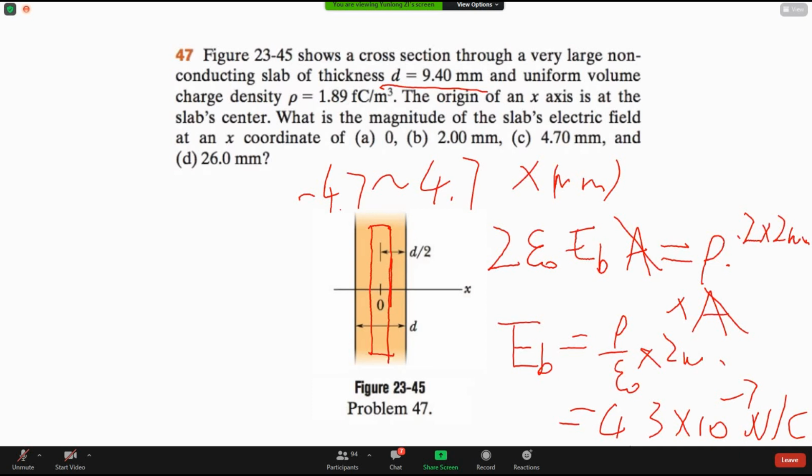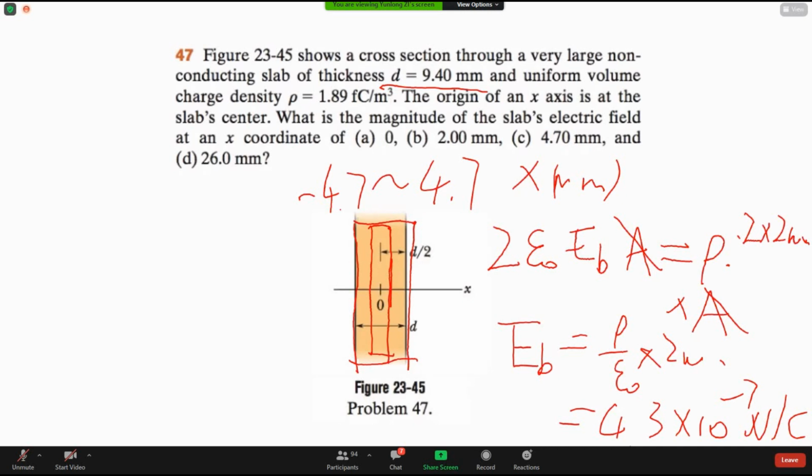Then for 4.7 millimeters, x is actually on the boundary. You can do the same thing: build the Gaussian surface and calculate the electric field from Gauss's law.